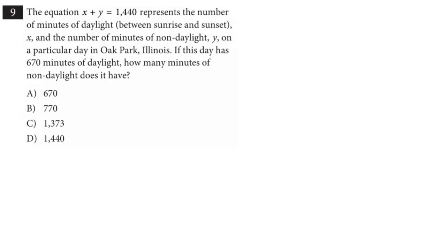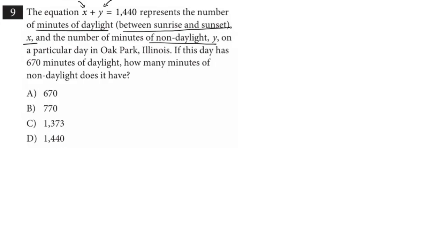Question 9. The equation x plus y equals 1440 represents the number of minutes of daylight between sunrise and sunset, x, and the number of minutes of non-daylight, y, on a particular day in Oak Park, Illinois.